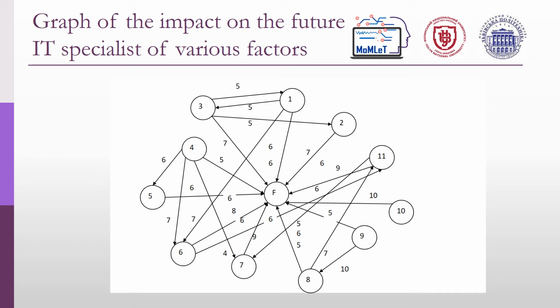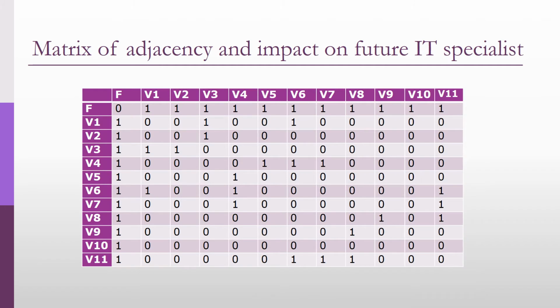Let's place the future IT specialist in the center and see what influences him and his influence on various factors. So we have the graph of the impact of various factors on the future IT specialist.